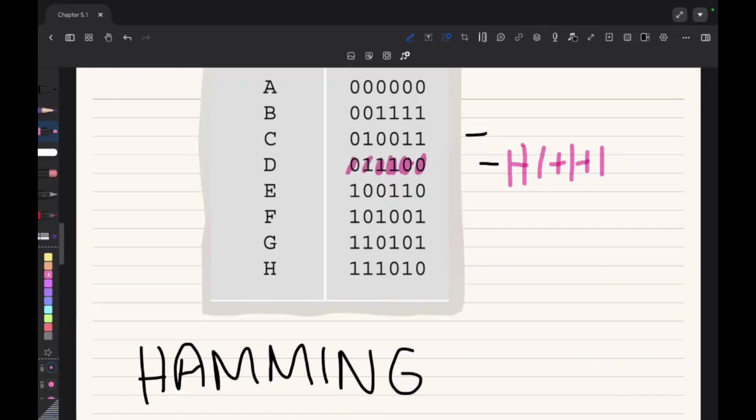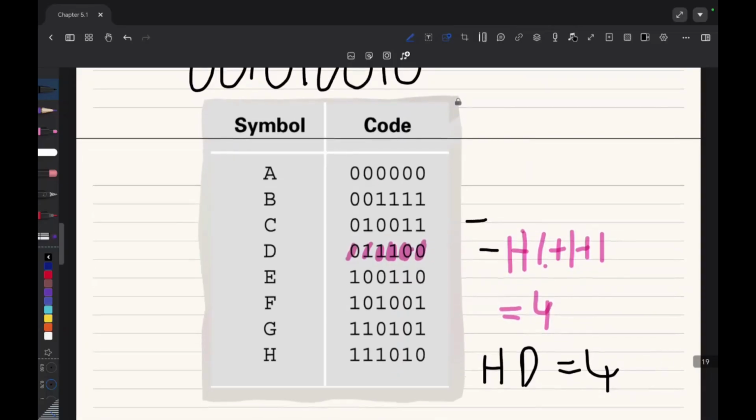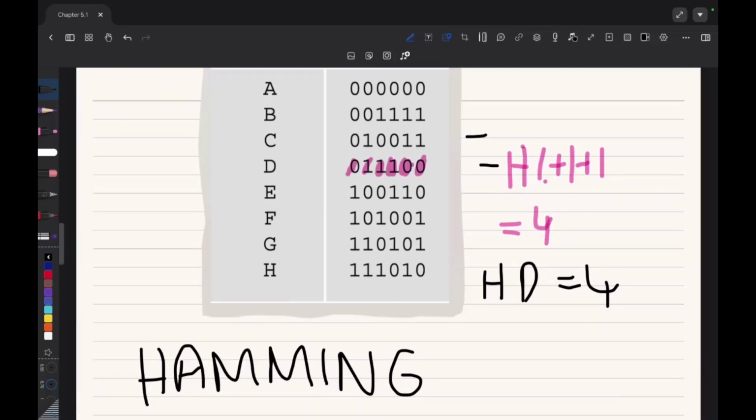It does have these two, so it's 1 plus 1 plus 1 plus 1, which is going to be 4. So the Hamming distance for this is going to be 4. All right, this one is easy. The parity bits, the Hamming distance, and the Lempel-Ziv, I think these ones you can get them.